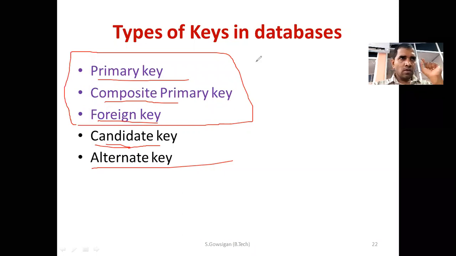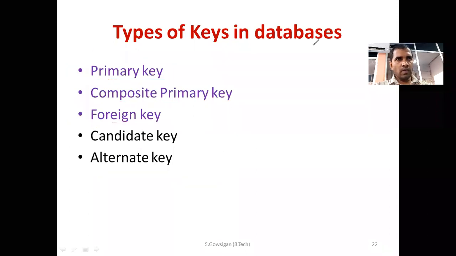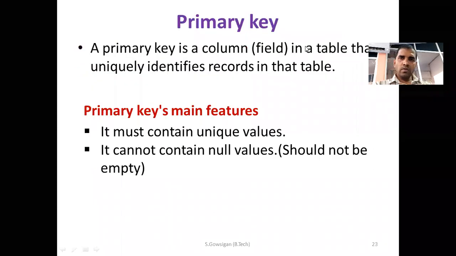Now you know only one thing about them, which is that they are fields. Other than that, I didn't mention anything about keys. Keys are fields. Let's understand everything one by one. Listen to me, we have to understand everything clearly. Let's take the primary key first.